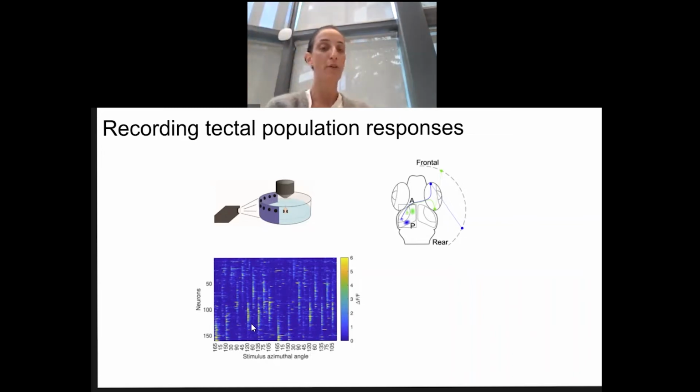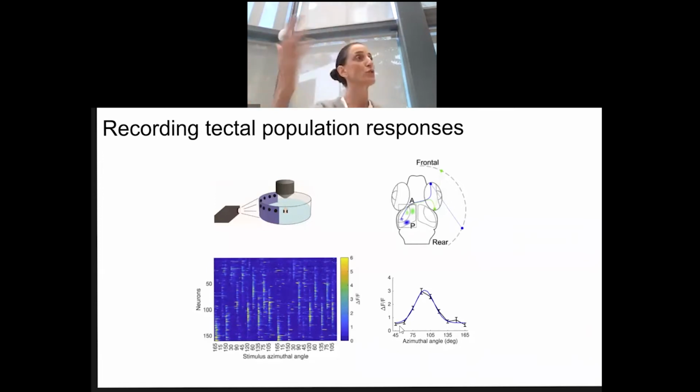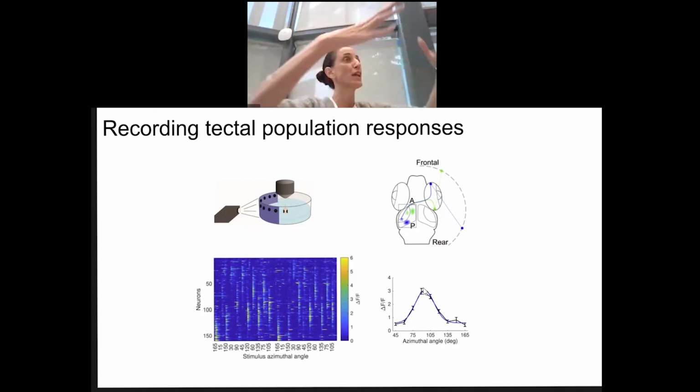Because we are showing it over and over again, for a single neuron one can record the tuning curve, which is the preferred position for this particular neuron. We can see that for 45 degrees, this neuron didn't respond so much, but for say 90 degrees, this neuron responded very strongly. So every neuron has its tuning curve or its preferred position.